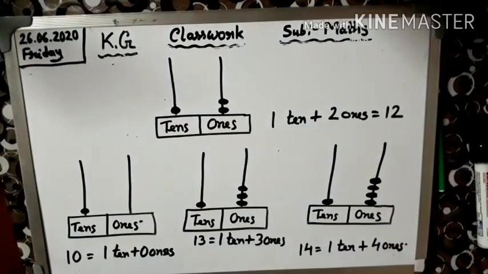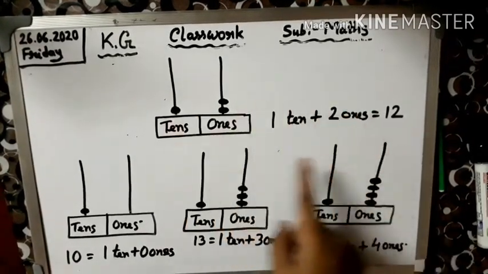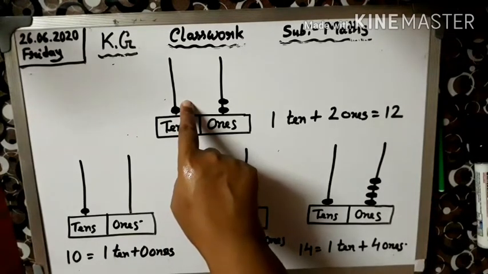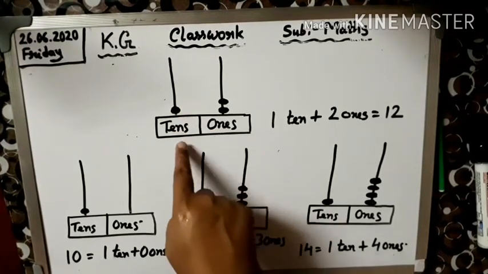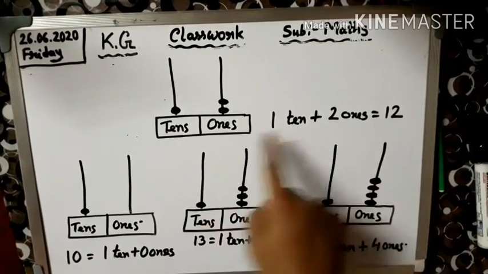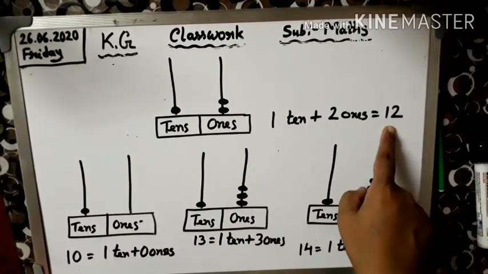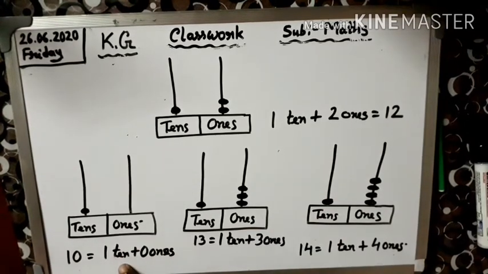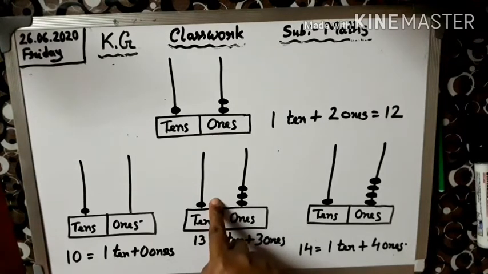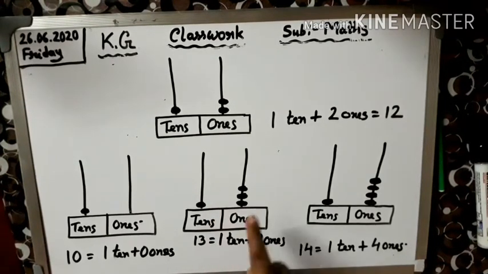Follow me. See, 1 ten plus 2 ones, 12. See, 1 ten plus 0 ones makes 10. 1 bead on the 10 spike and 3 beads on the 1 spike. 13.